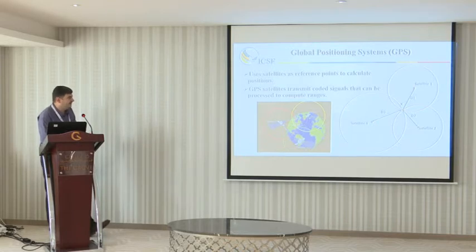Now in GPS, the satellites transmit coded signals. These coded signals allow you to calculate the range between the satellites and your receiver. Now you have the range, and the position of the satellites is known over time. So we're back to this point here. We have a known location and a known distance.